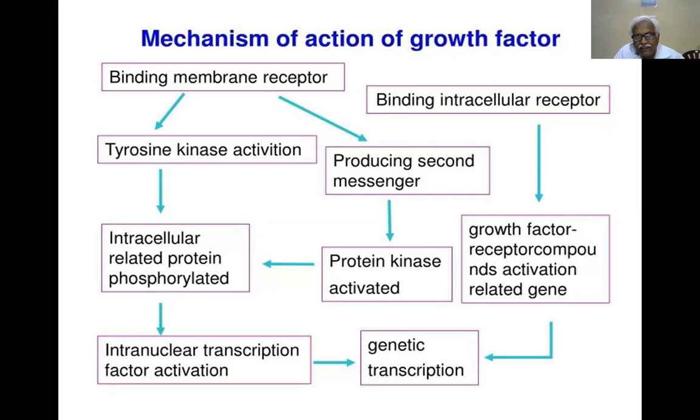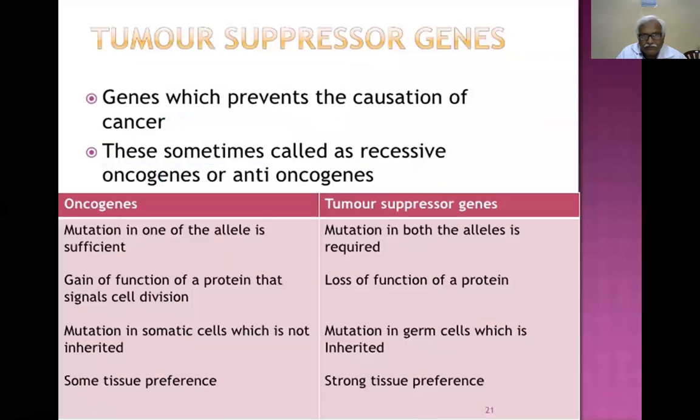That is one way. The second way is binding to the membrane receptor producing a second messenger. Then the concerned protein kinase is activated, leading to intracellular protein phosphorylation, intranuclear transcription factor activation, and finally genetic transcription. The other way is binding an intracellular receptor, leading to growth factor-receptor complex activation of related genes and then genetic transcription. These are the three routes interlinked with each other.